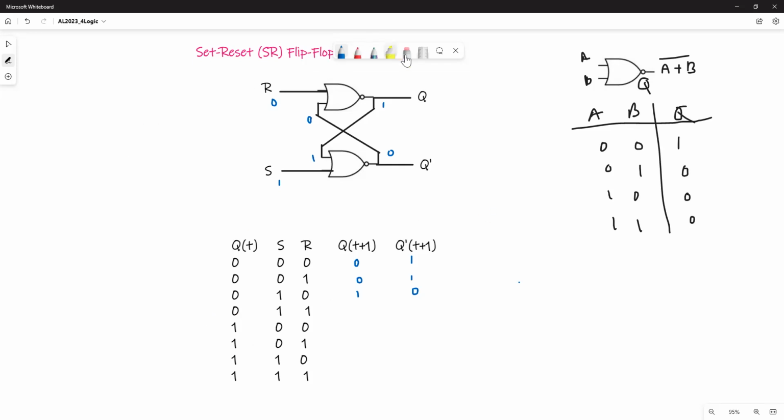right, now we have to change the values. Q should be 0, so that means the output we have to remove anyways. And this also we need to change. And we have R and S both should be 1. So both should be 1. So R is 1, S is 1. So Q is 0. So that means this is 0. So Q bar, that should be 1.